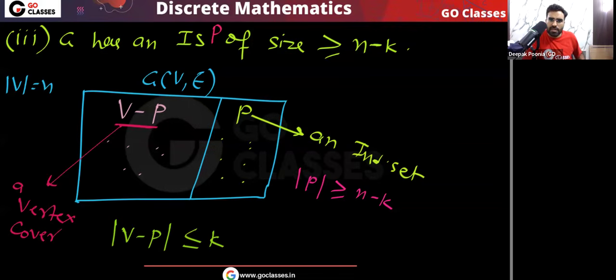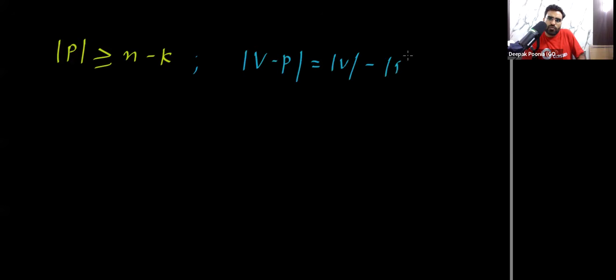If you want to prove it mathematically, you can do that also. You can see that the size of P is greater than or equal to n minus k. Okay, so what can I say about the size of V minus P? This will be equal to size of V minus size of P. Size of V is n. Okay, so what I can do is take k on this side, and take size of P on this side.